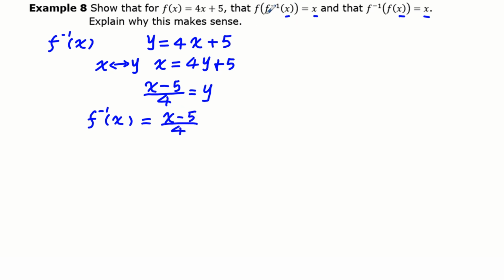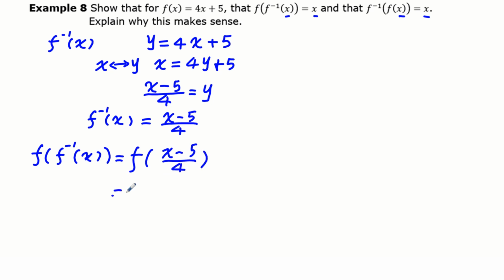Then we are going to see what f of the inverse of f at x equals. We sub in the inverse function f of x, which is x minus 5 over 4, into the original equation. This is the input, so change the x to (x minus 5) over 4, then plus 5.